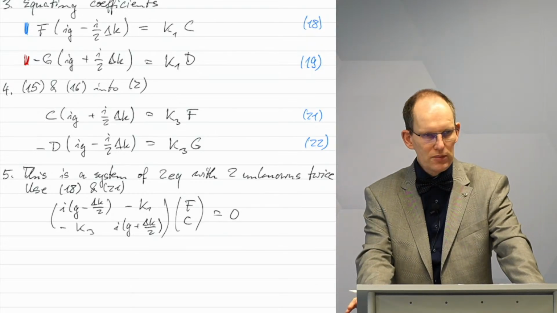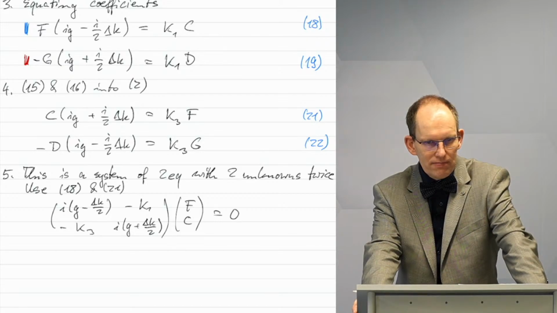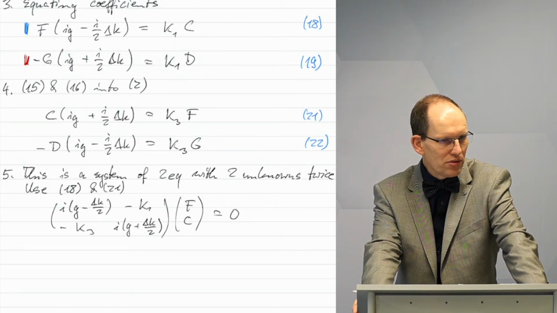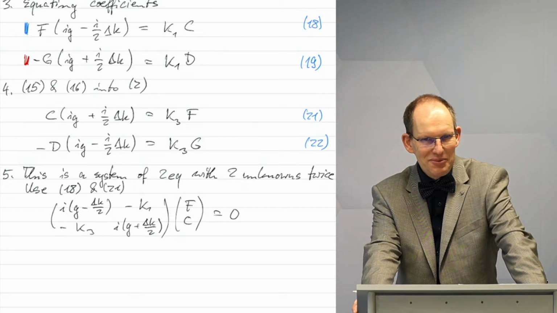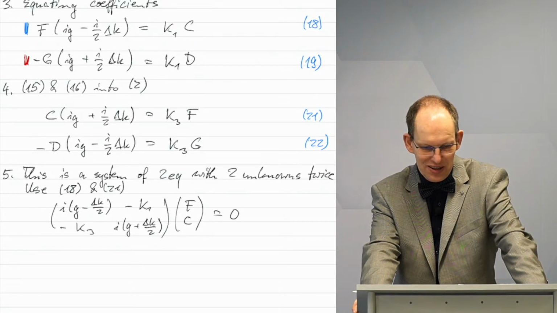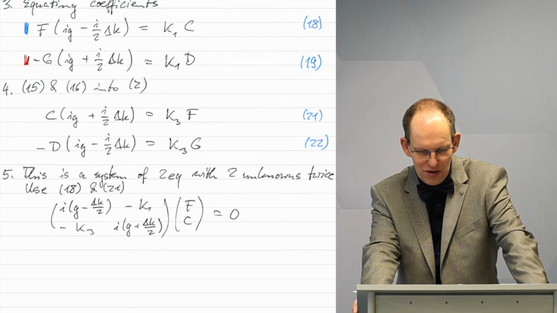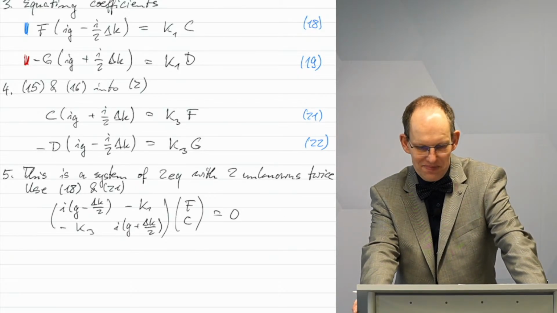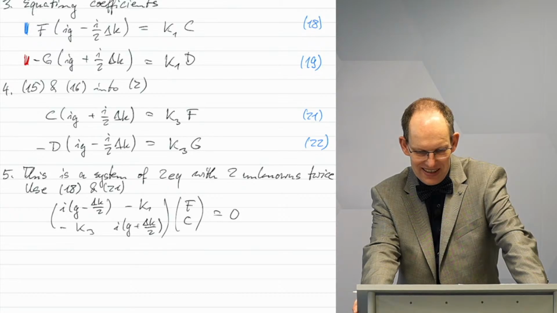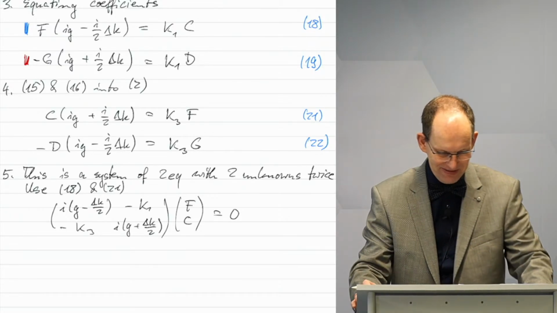Right? What's the next step when we have this situation? It's always the same procedure. After equating coefficients, usually we would say, in order to have non-trivial solutions, the determinant should be 0, right?